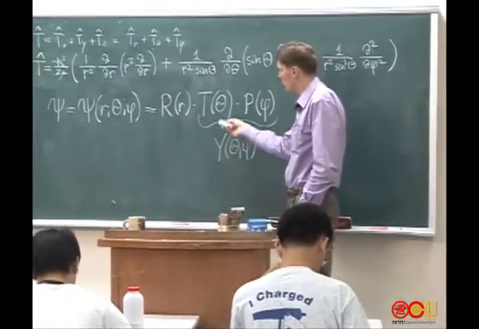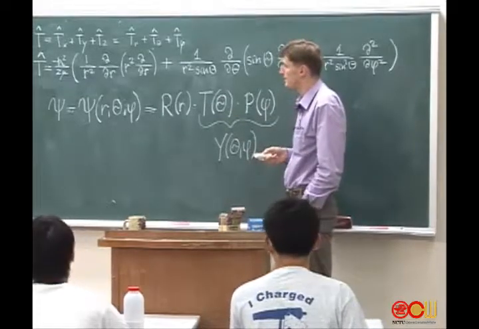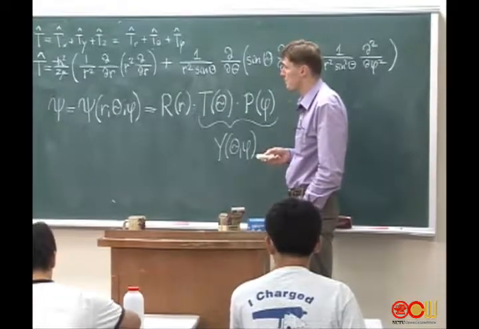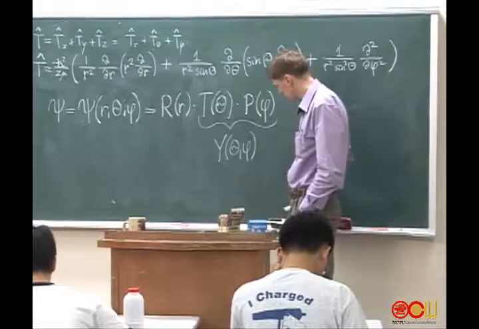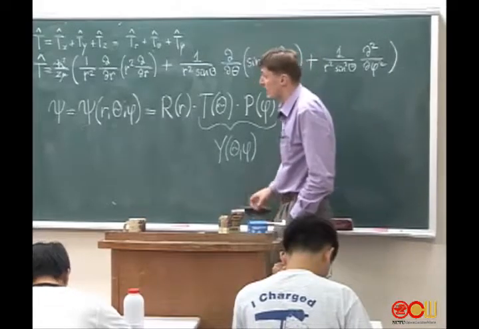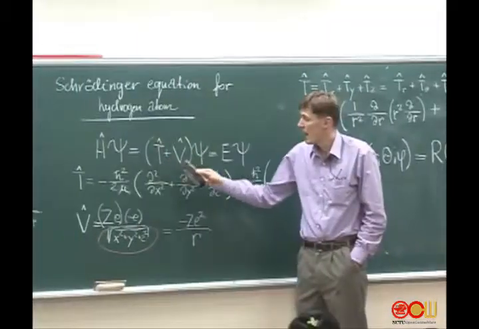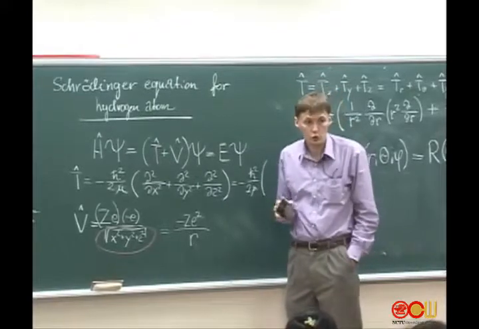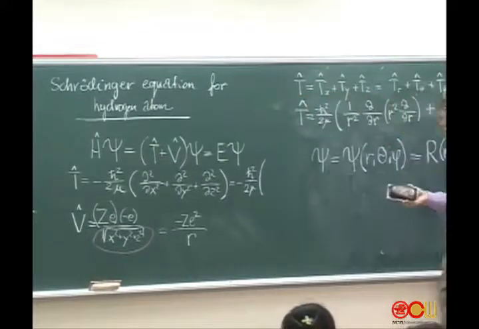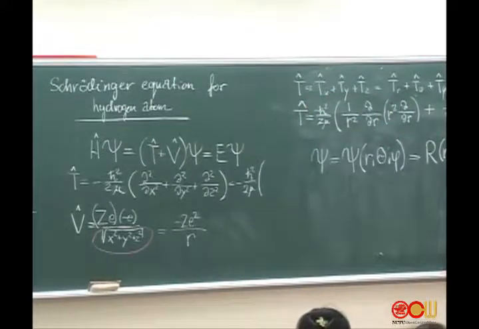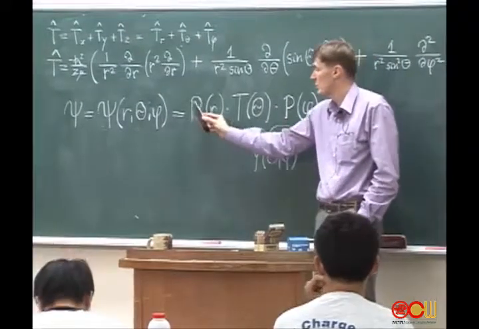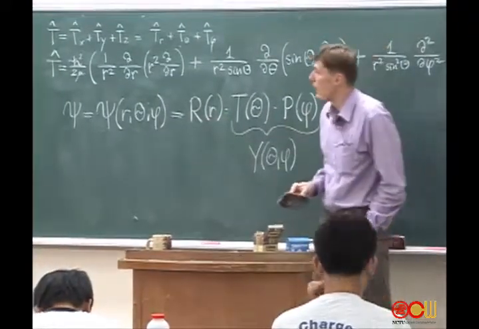But if you really want, you can decompose it further like that. So this equation now can be decomposed into three separate equations for r, theta, and phi, or two separate equations for r and Y.